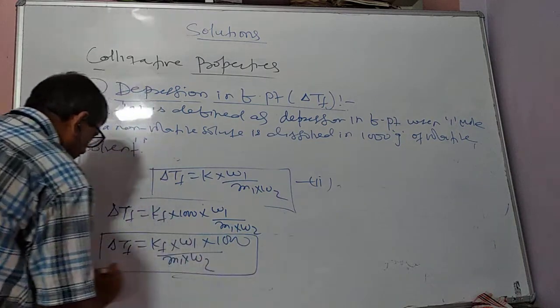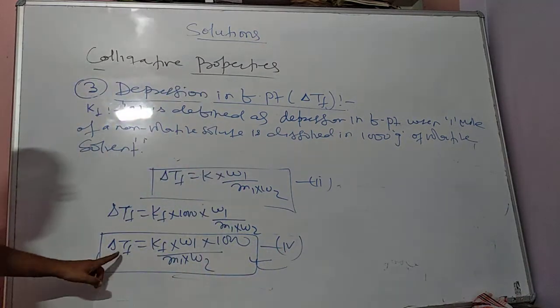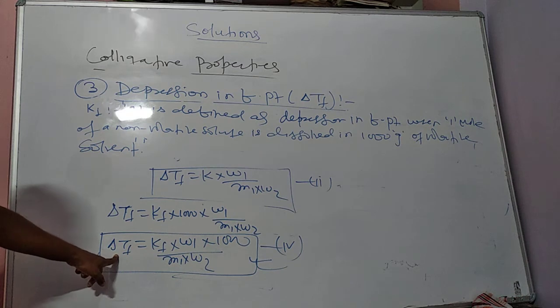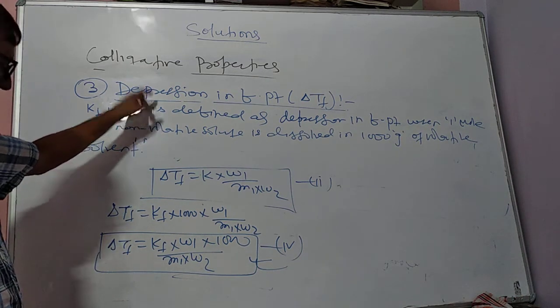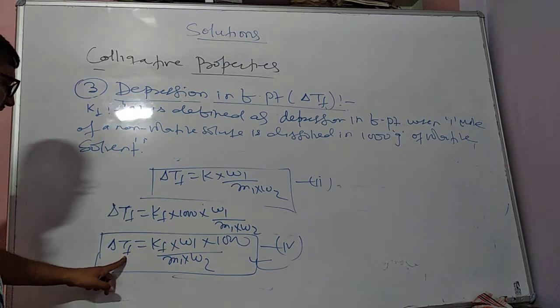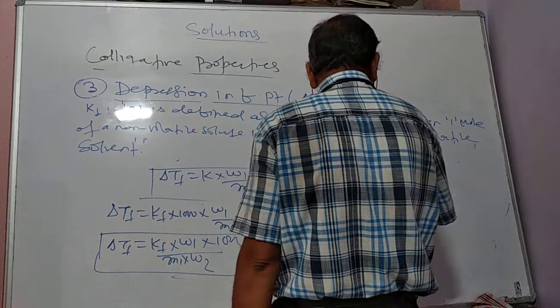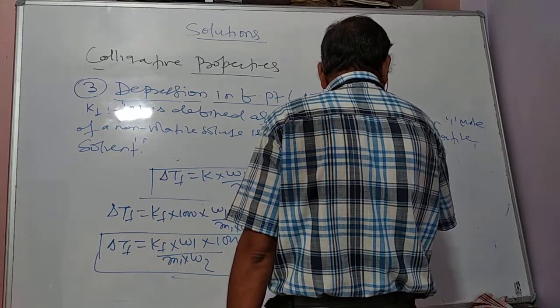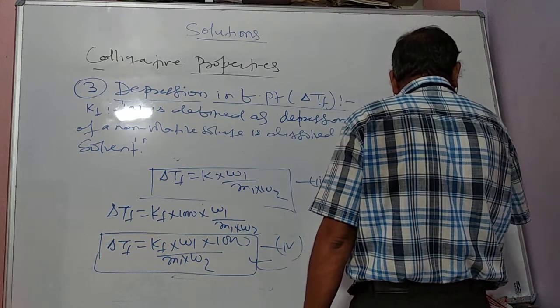This is our final equation, equation number 4 for the depression in freezing point, used for solving numerical problems based on depression in freezing point, where delta Tf is equal to T0 minus Ts.